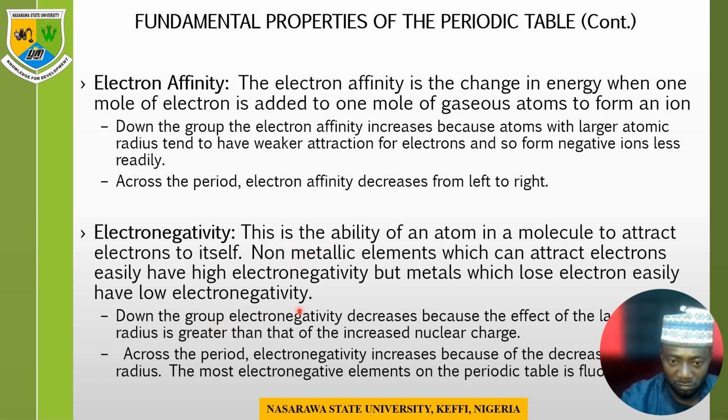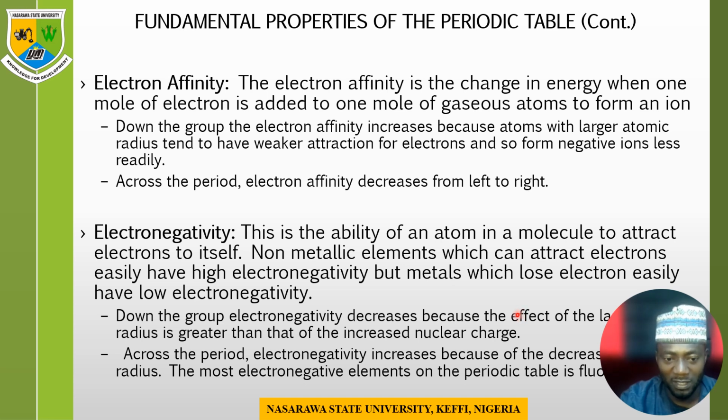Now down the group, electronegativity decreases because the effect of the atomic radius is greater than that of the increased nuclear charge. So since the size of the atom is increasing down the group due to the increased number of shells, it is very difficult for electrons to be attracted towards the center, or towards the nucleus.